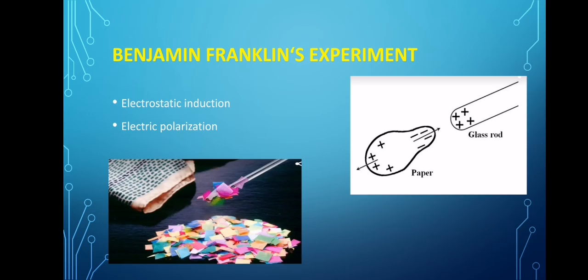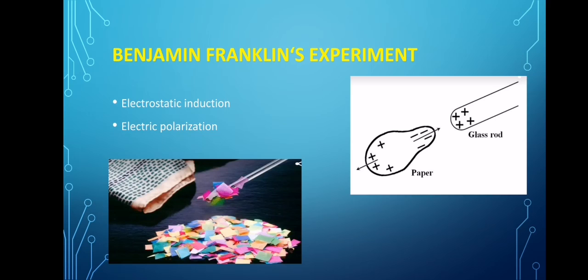This attraction is basically due to the phenomenon of electrostatic induction. According to this phenomenon, charges appear on a non-conducting body in the presence of a charged body. On the surface of the non-conducting body, poles appear.